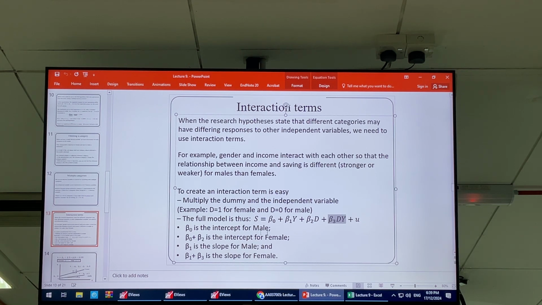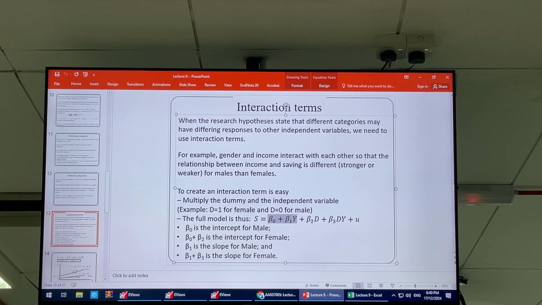In this case, for male, d equals 0, this one also is 0, then we only have this part of the equation. So intercept for male is beta 0, and slope for male is beta 1. Slope for the income. Understand? The slope parameter is the coefficient in front of the independent variable.